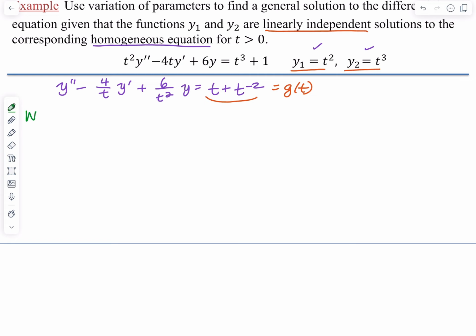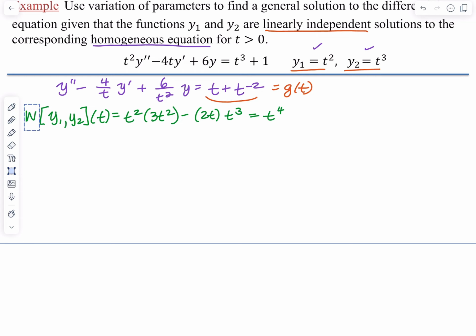The Wronskian of y1, y2 of t is going to be equal to t squared multiplied by 3t squared minus 2t t cubed, and that's going to be equal to t to the 4th. So t to the 4th is what is going to be in the denominator of our integrals, okay?